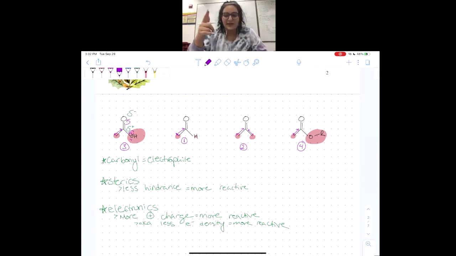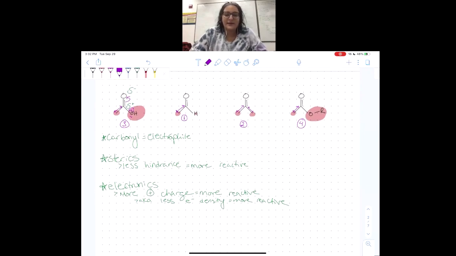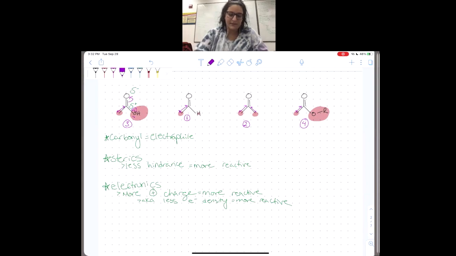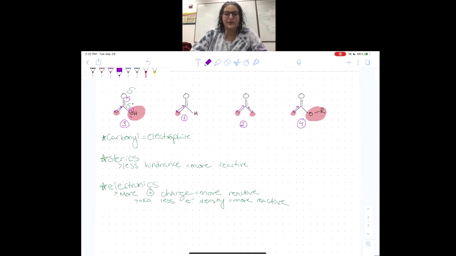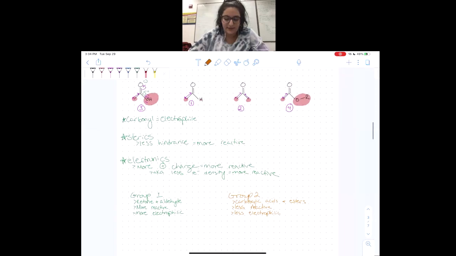Along with these, we are going to now split this up into 2 groups. And the reason I'm doing that now is because it's really helpful for reductions. So I'm going to go ahead and make group 1 and group 2, and they're going to be split up by their reactivities. So I have written here the differentiation between group 1 and group 2.